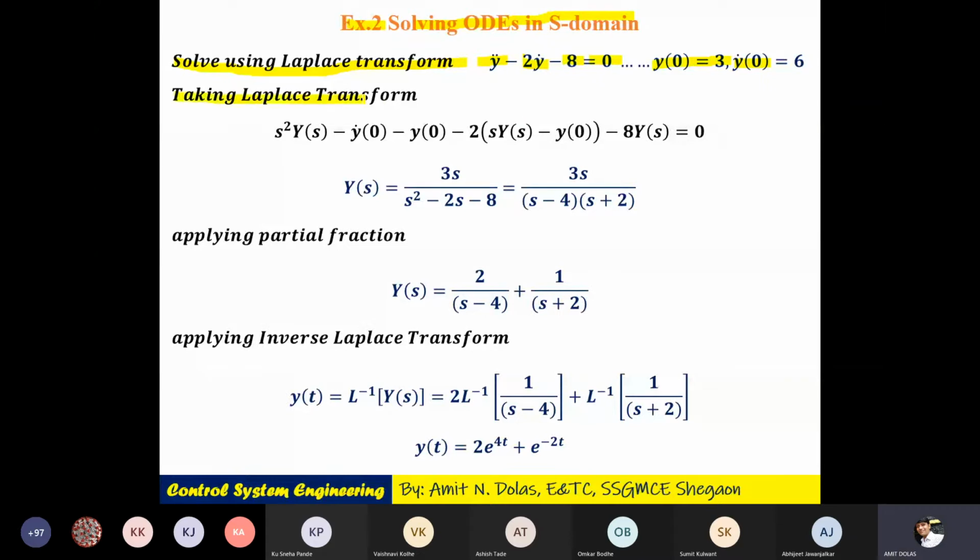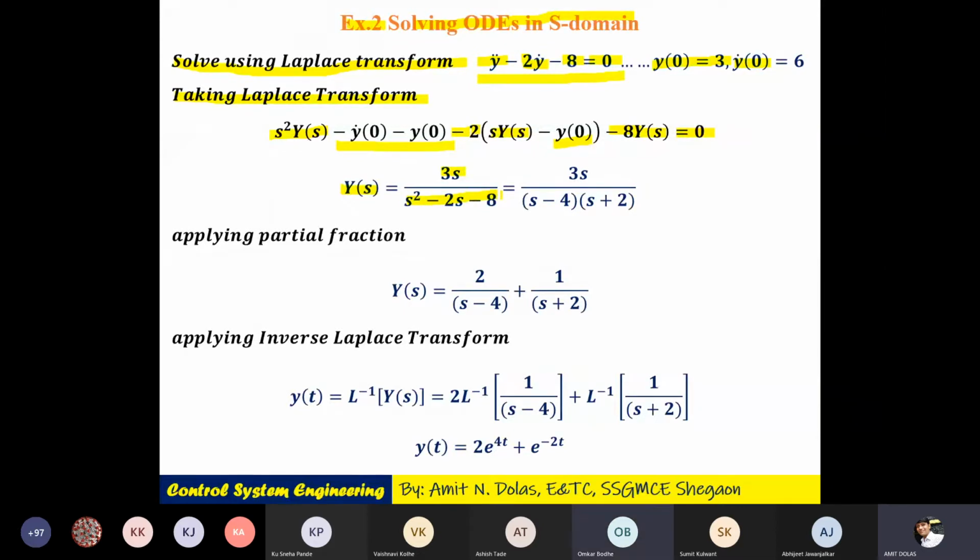So we'll take the Laplace transform of this ODE, that will be s square Y(s) minus initial conditions, that is y dot(0) minus s y(0), minus 2 into (sY(s) minus initial condition, that is y(0)), minus 8 Y(s) is equal to 0. So Y(s) will be equal to 3s upon s square minus 2s minus 8.